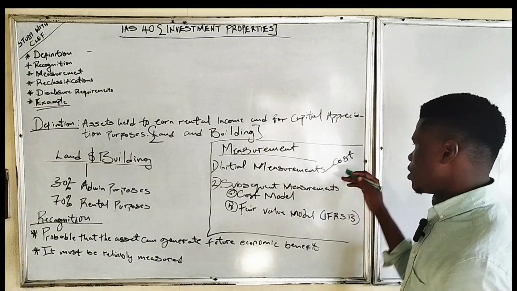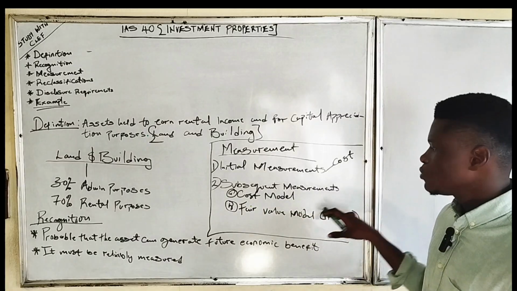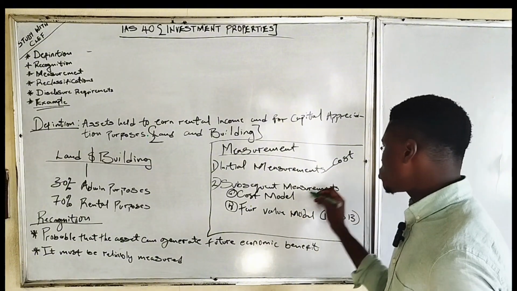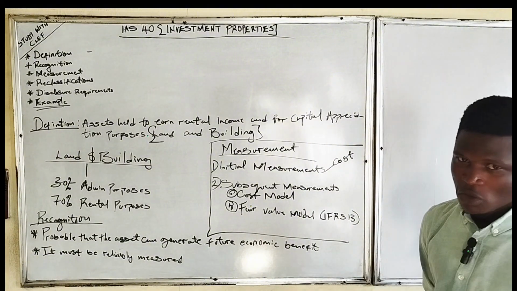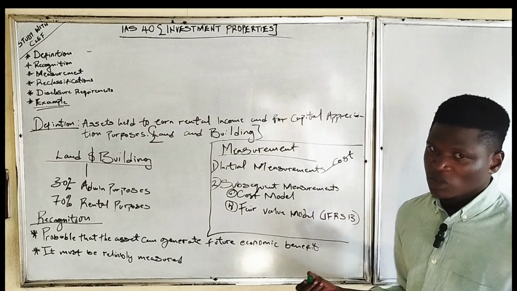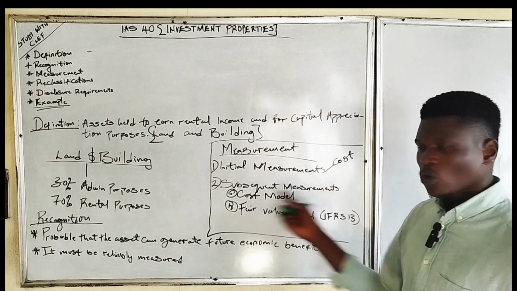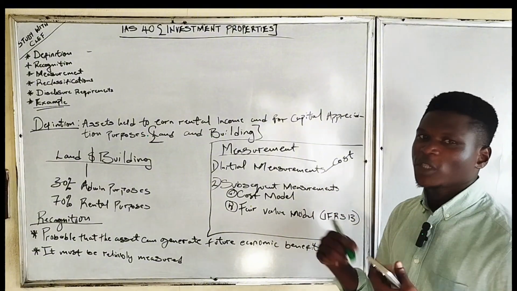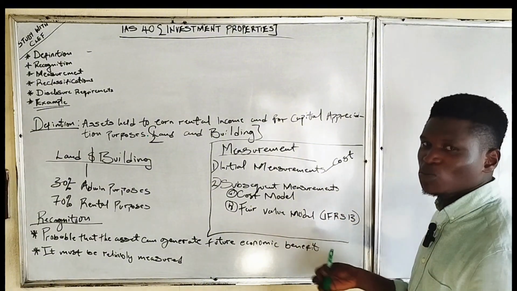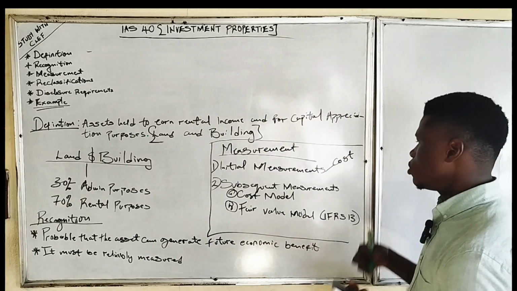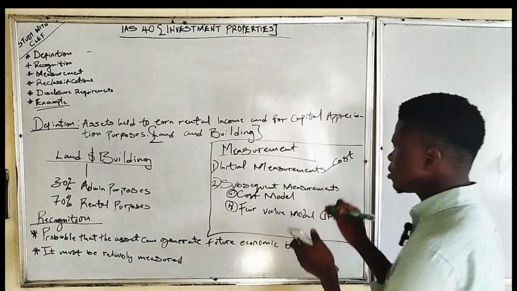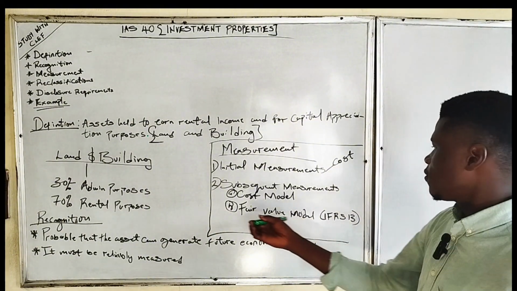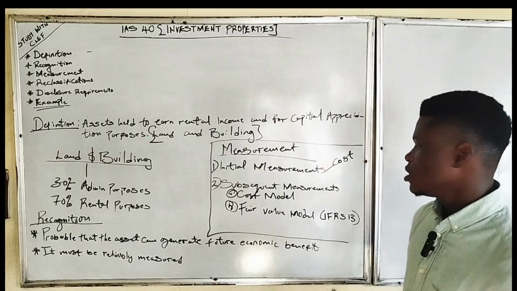So for subsequent measurement now, we said we can either use the cost model or the fair value model. The cost model, just like PPE, is still cost less accumulated depreciation, less accumulated impairment losses. That's for the cost model, the same as that of IAS 16. Cost minus accumulated depreciation. We defined depreciation and depreciable amount in our previous class, so you may need to get acquainted with these terms and ideas so that you can follow along. Then the fair value model, like we also explained.